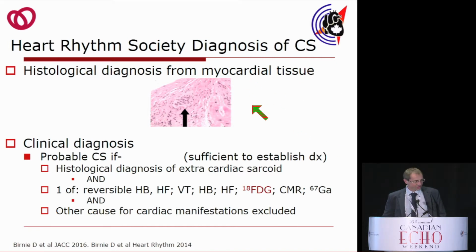In order to have cardiac sarcoid, patients obviously have to have demonstrated some manifestation of it, whether that's reversible arrhythmias, reversible heart failure, sustained heart failure, or FDG uptake, or classical features on cardiac MRI, or even on SPECT imaging with gallium. And other causes of these cardiac manifestations have to be excluded.